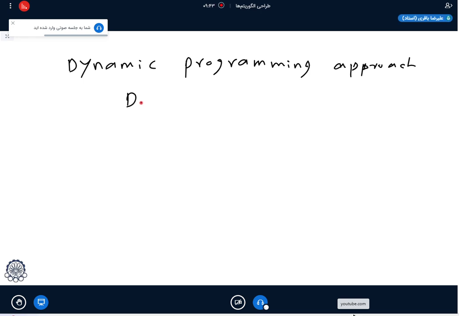We can say DP for short to dynamic programming approach. DP is similar to DC, but also differs in some aspect.